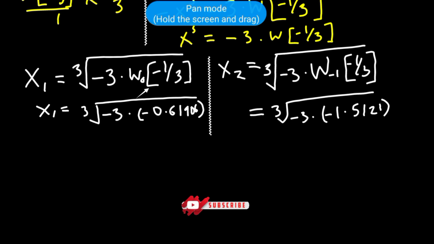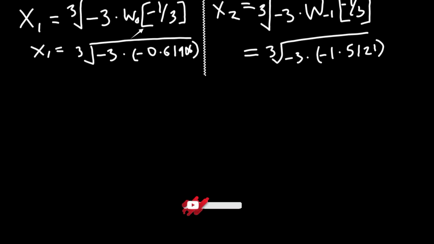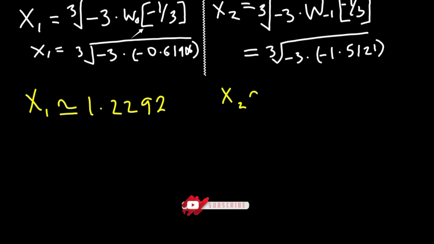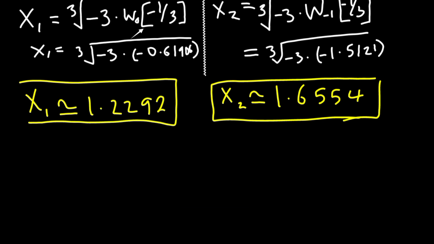And then finally, when we evaluate this using our calculator, we are going to get that x1 will be approximately equal to 1.2292, and then x2 will be approximately equal to 1.6554. And these are the two valid solutions to our equation.